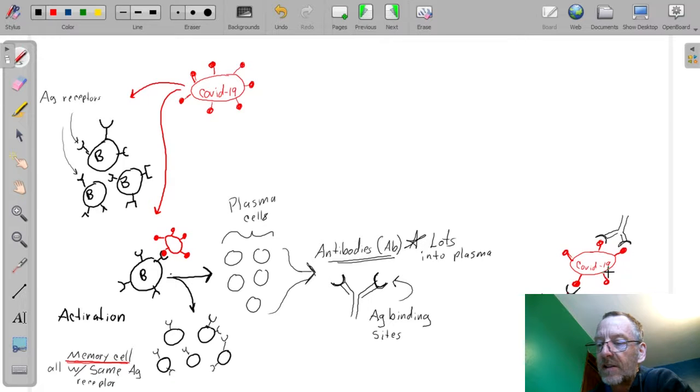And pretty soon they cover up the virus and render it useless, and it sort of tags it for destruction, opsonization again. So tags for destruction.